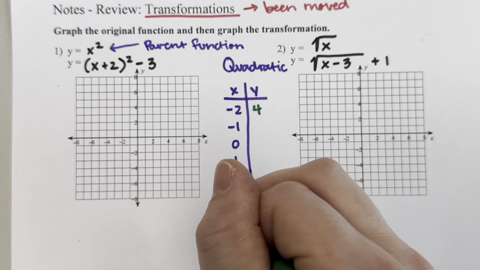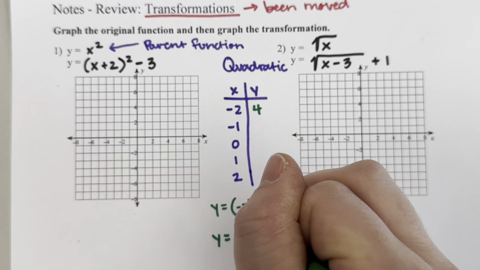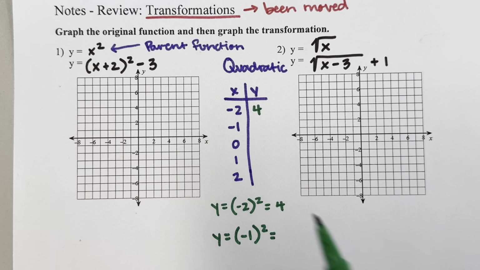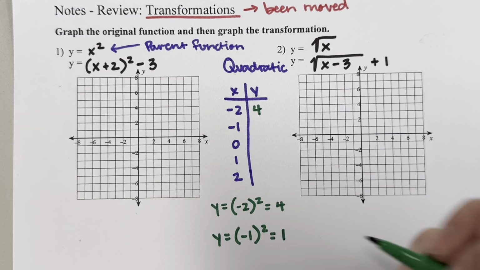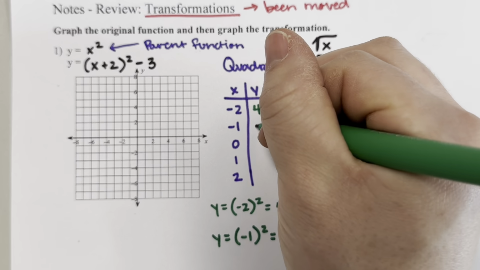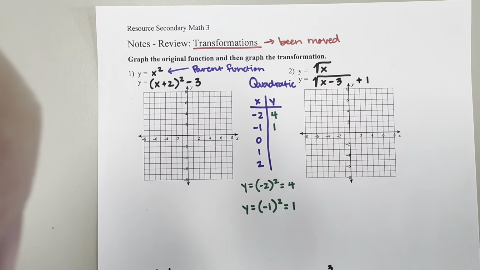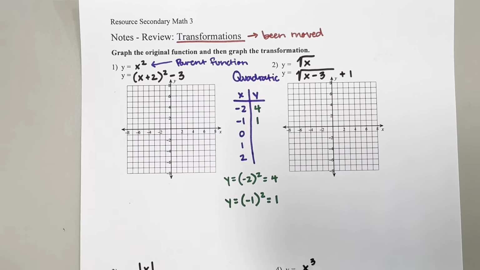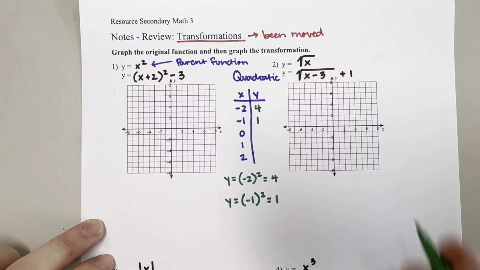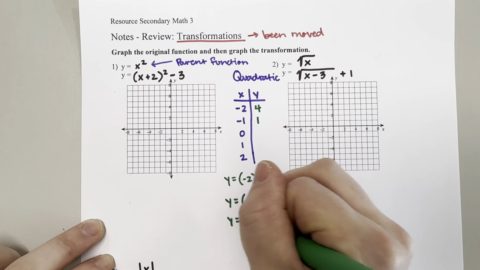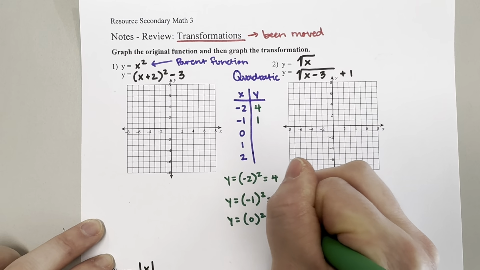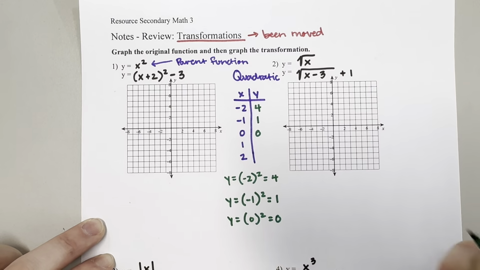Let's do the same thing. When I plug in -1 for my x, this parent function right there, I get +1, because -1 times -1 is +1. I'm going to go ahead and just zoom back out so we can see a little bit more. There we go. Okay, so let's keep going. 0, pretty easy. When I plug in 0 squared, that's just going to give me 0.